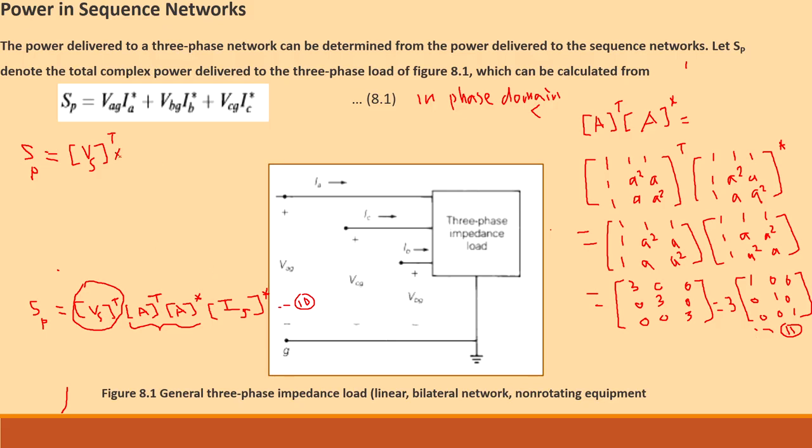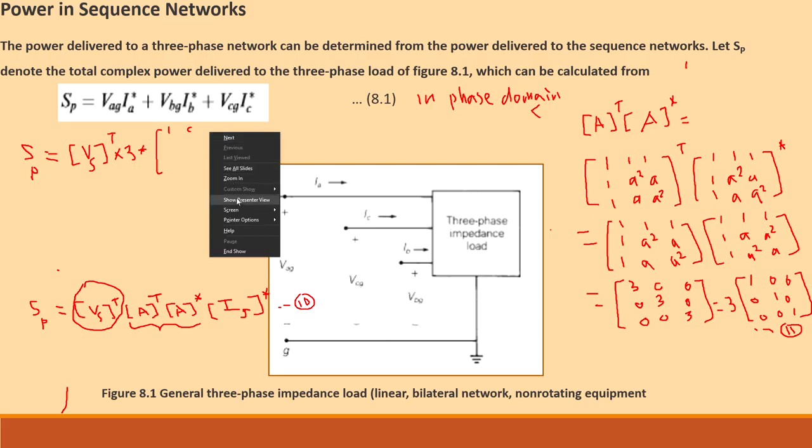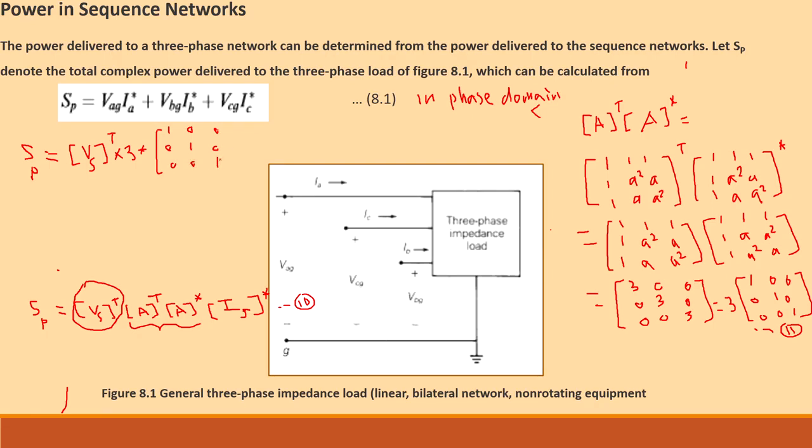So we multiply by 3 the unity matrix, multiplied by I_S conjugate. This is equation number 12.